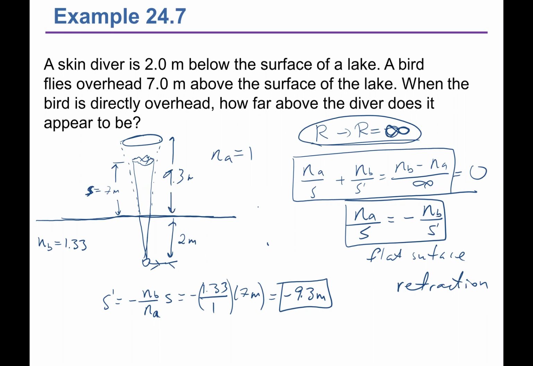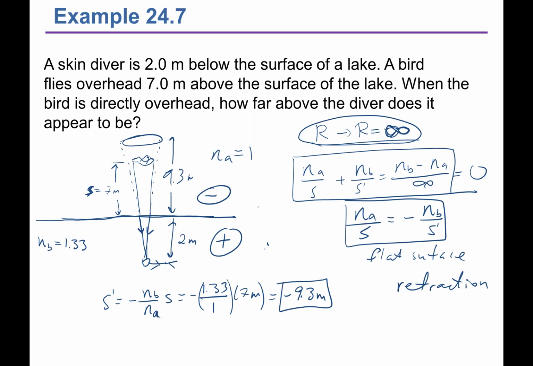Basically in front, above the surface of the lake. So that's why it's negative, because outgoing light is here in the water, right? That means outgoing light is in the water. That's the positive side. And negative side is air because it's not the same side as the outgoing light. You can think of it like that.